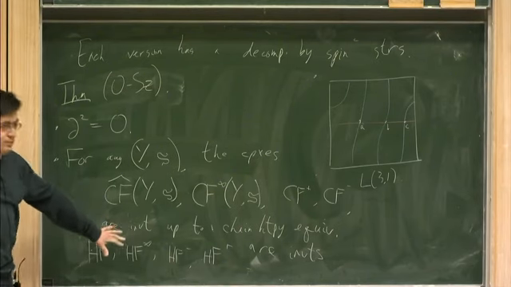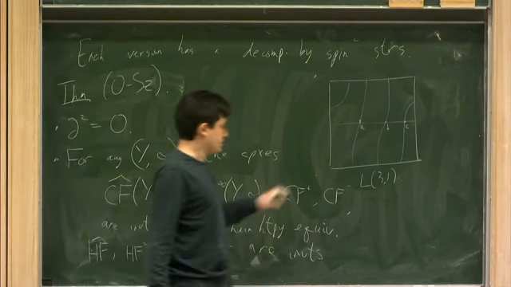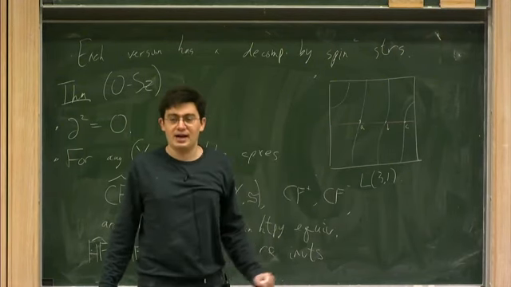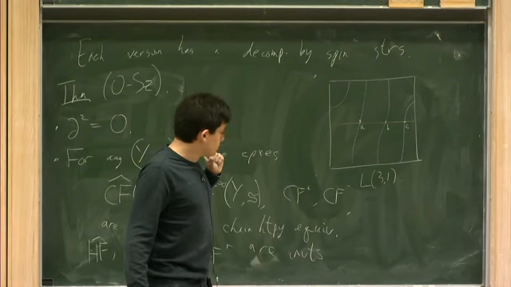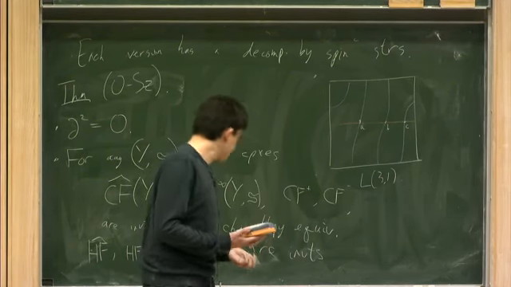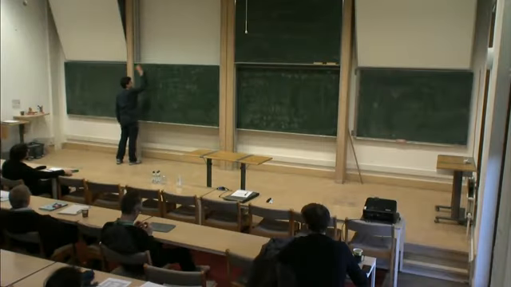And you have to pay a little bit more attention when you're dealing with manifolds that are not rational homology spheres. There's some subtlety, as I said, about what kind of Heegaard diagrams you're allowed to use, which we will sort of avoid. So, okay, great. Now let me specialize a little bit to the case of rational homology spheres, since those are what we're mostly interested in.